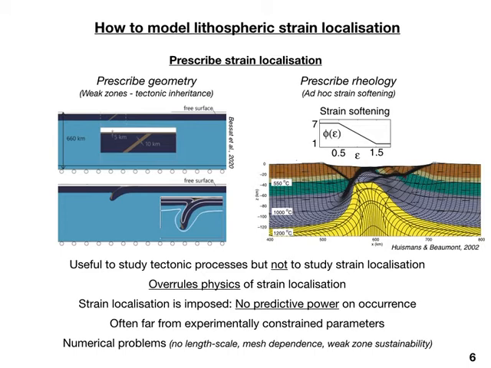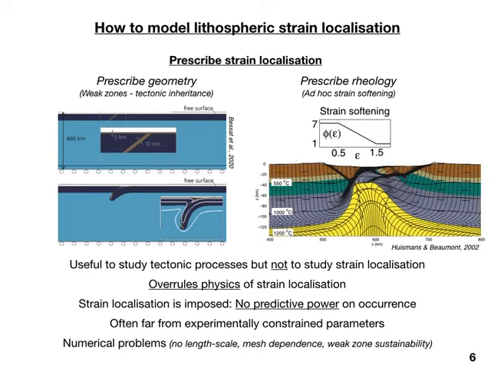Although these approaches may be useful to study tectonic processes, they are not useful to study the processes of strain localization because they overrule the physics of strain localization. Both approaches force strain localization to take place, so they have no predictive power on the occurrence of shear bands because they have to form. Additionally, parameters that are used in this kind of simulations are often far from experimental constraints.